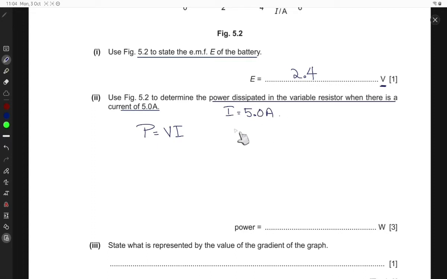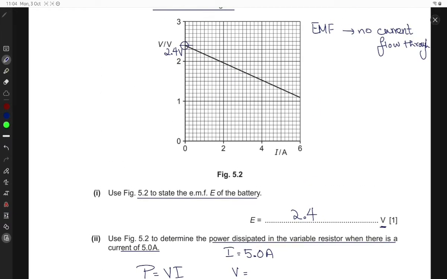So we want a value for voltage corresponding to 5.0 amperes, and we can use the figure to determine that. So this is 5 amperes, and this would be the potential drop at 5 amperes, which is about 1.3 volts.